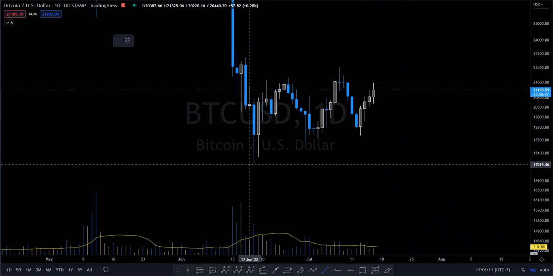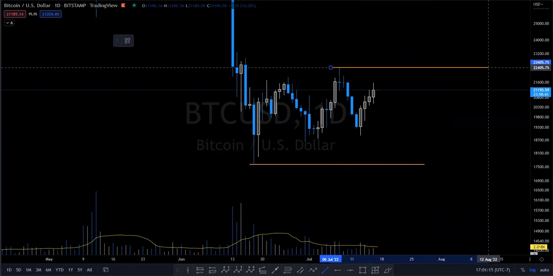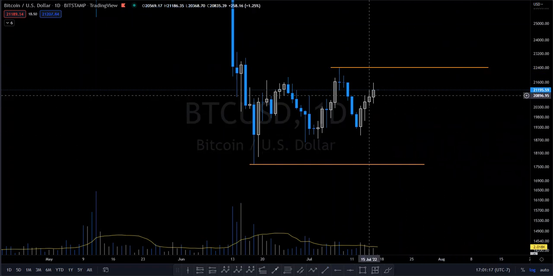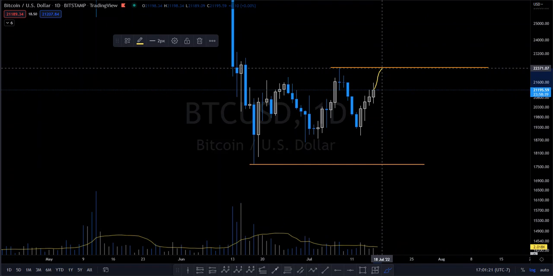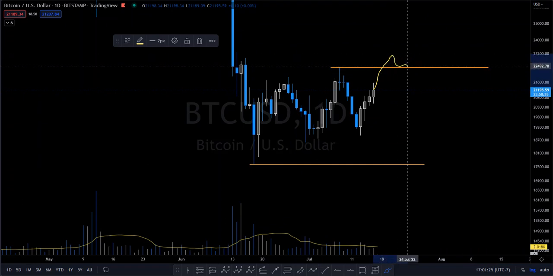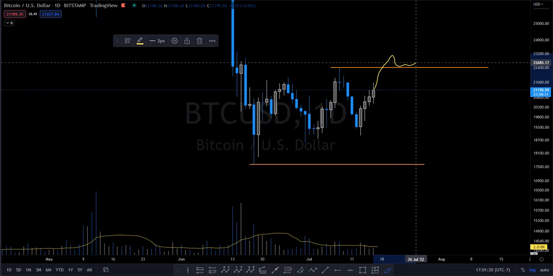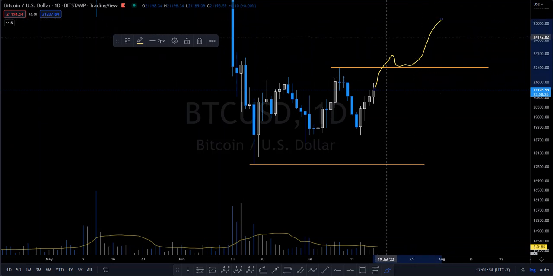The first level is here, and the second one for me is this level. If the price can break up this resistance and stay above it for a few 4-hour candles, then we can say it's a valid breakout and price can go to the higher levels.